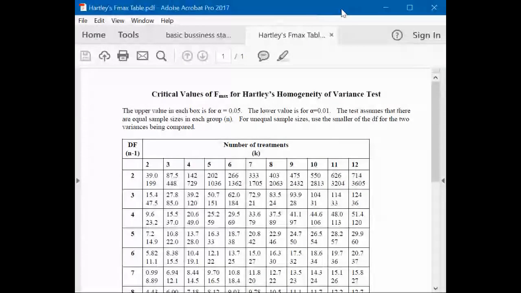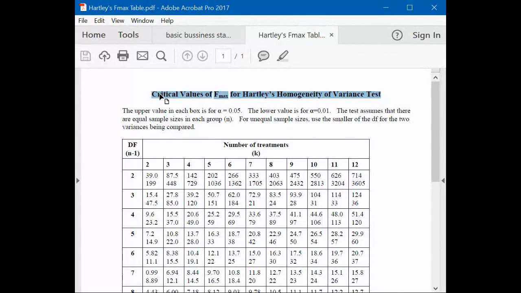Can you see the table? Yes, sir. So the table is about checking the adequacy of the model.